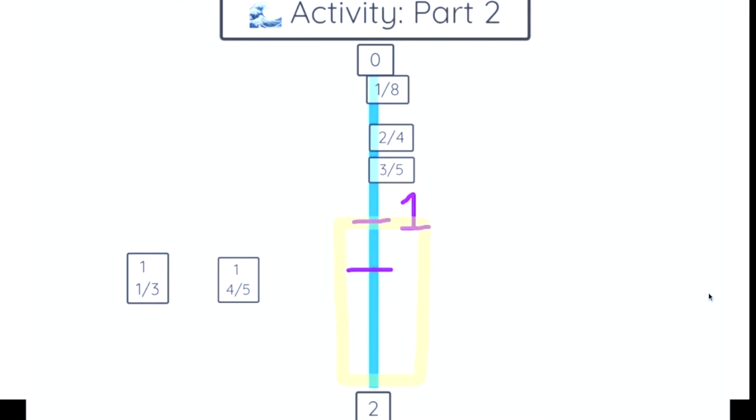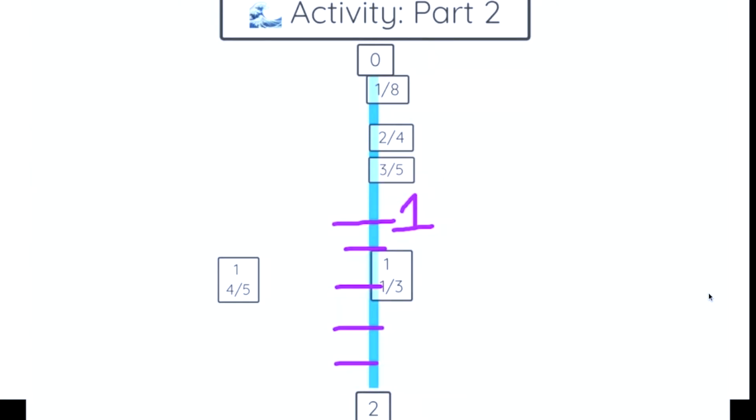So if I split this into 3 equal parts, you can see here is kind of part 1, part 2, and part 3. That will help me to determine where 1 and 1/3 should be placed. And as you can see, this first part is where I'm going to put 1 and 1/3 because I have one whole, and then I have another third added to it.